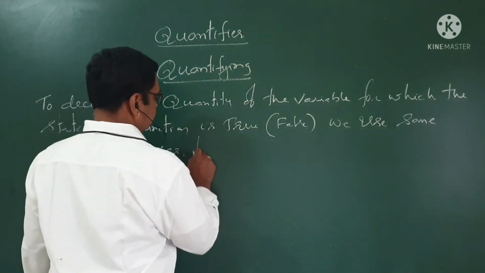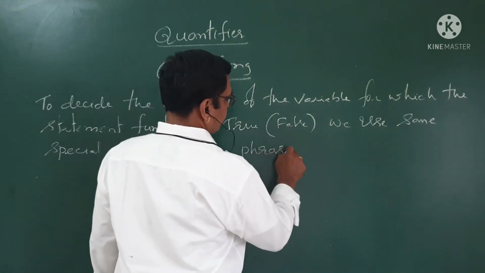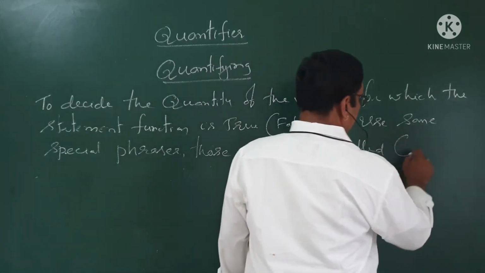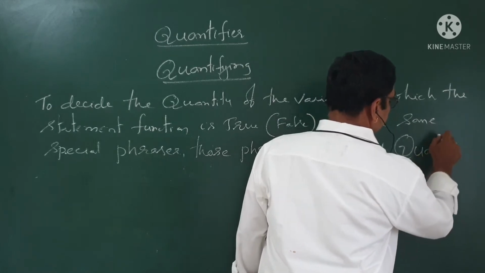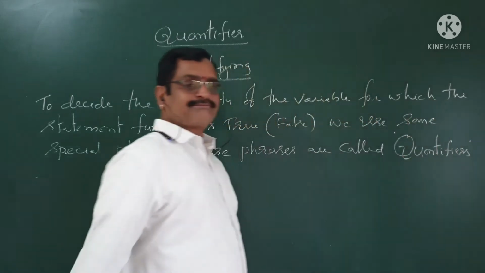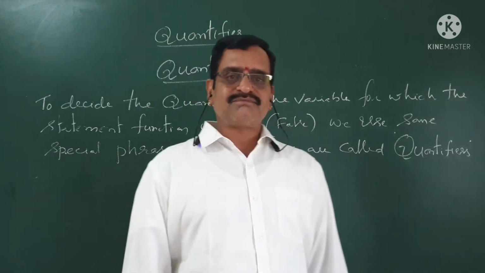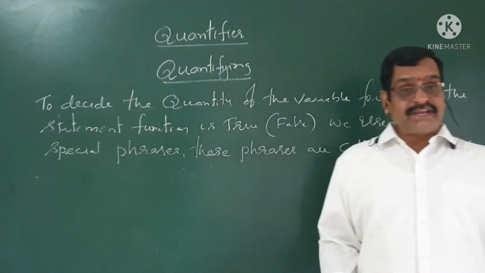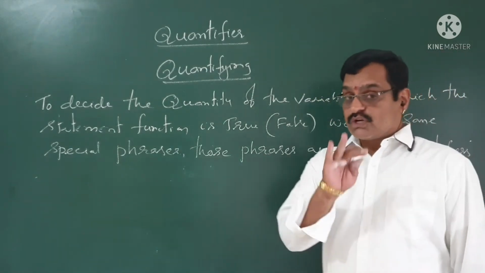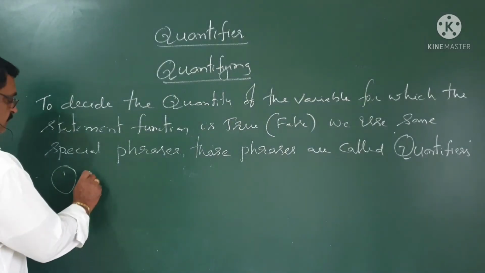Those phrases are called quantifiers. That's it. So quantifiers are nothing but special phrases which quantify a statement function. We have two types of quantifiers. What are they? Number one, we have two types.